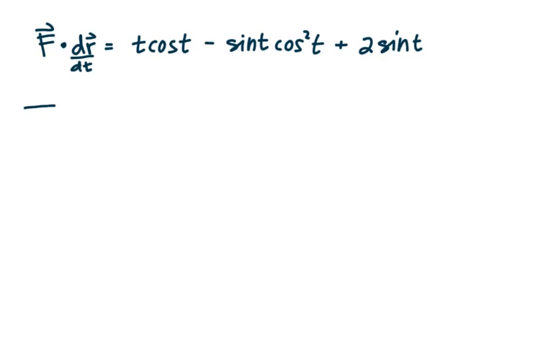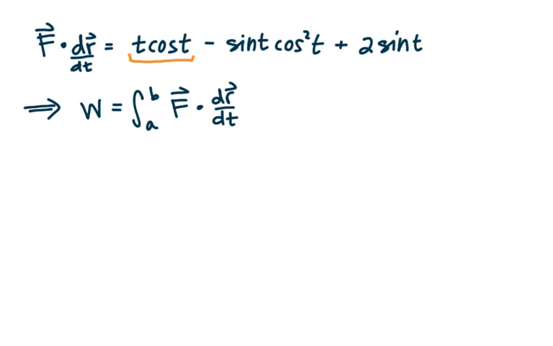Once we have that, we know the work from A to B of that force dotted with dr/dt gives me the integral from 0 to 2 pi, because that was what my t was specified over, of each of these three terms. So I'm going to write that out.